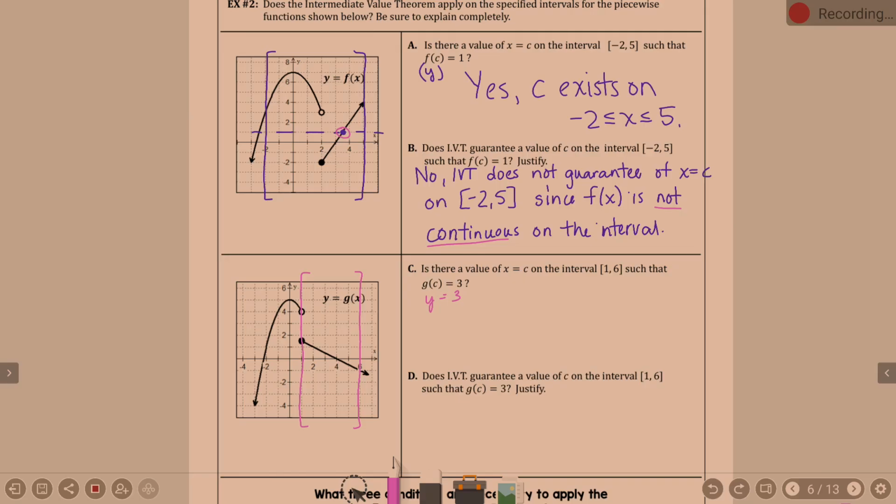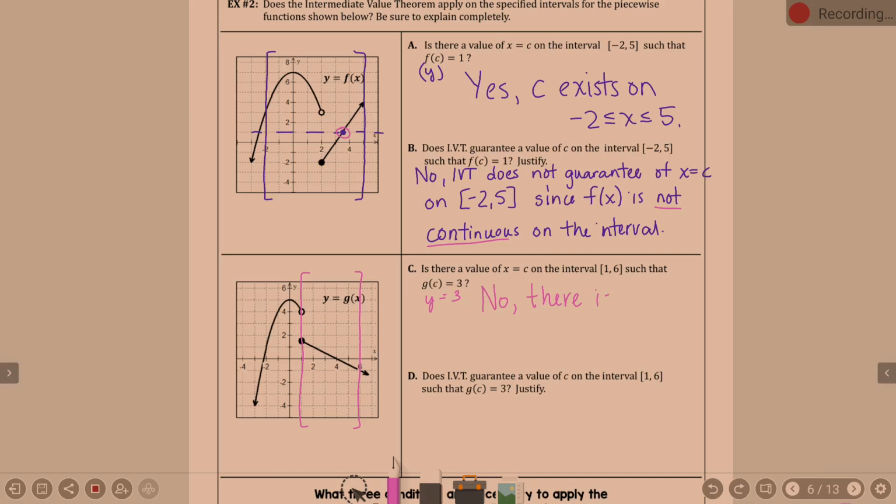So no, because there's no value between 1 and 6 where g of c equals 3. Or in other words, where the y value is 3. No, because look at the graph.